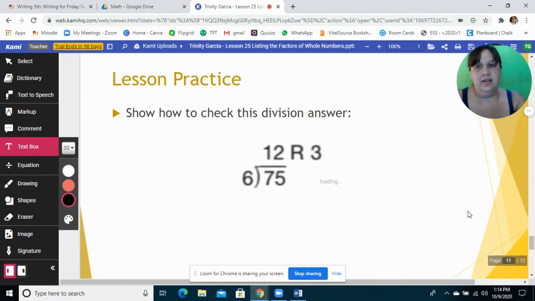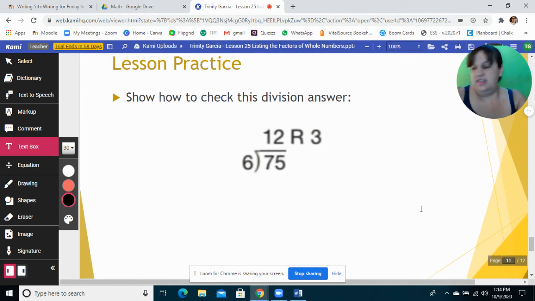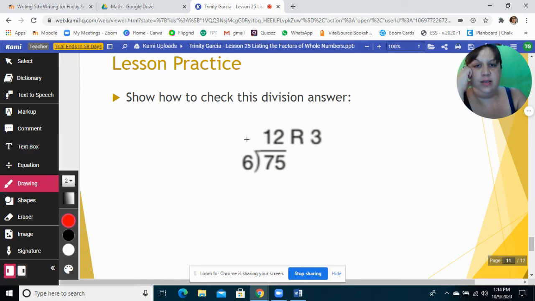All right. Let's see how we can check this division problem. Okay, we have 6 goes into 75 twelve times with a remainder of 3. Well, the best way to check it that I know is to do 6 times 12. What is 6 times 12? Well, 6 times 2 is 12.